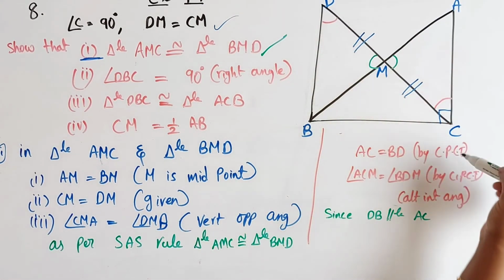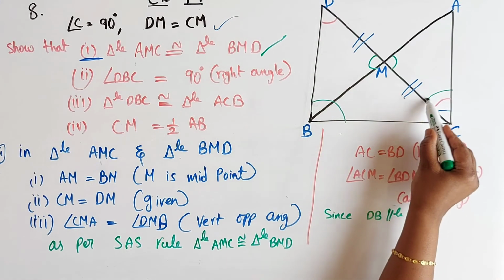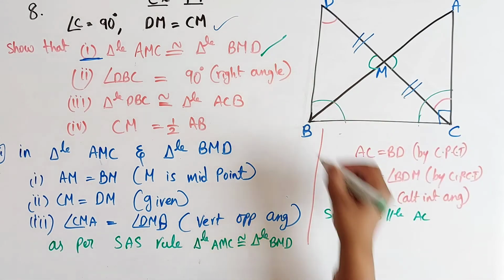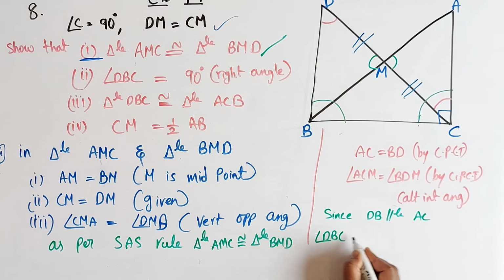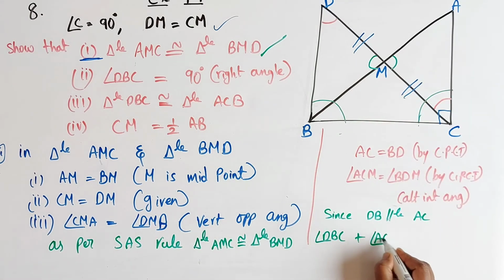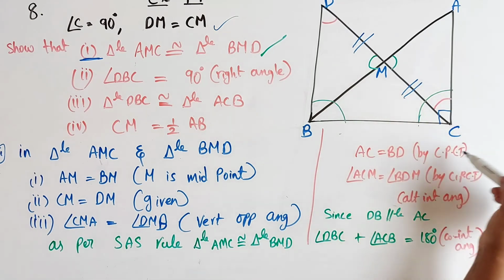Since DB is parallel to AC, we can say that these two angles sum is 180 degrees, because these two are co-interior angles. So I can write angle DBC plus angle ACB is equal to 180 degrees, because both are co-interior angles, children. You already know angle ACB value.